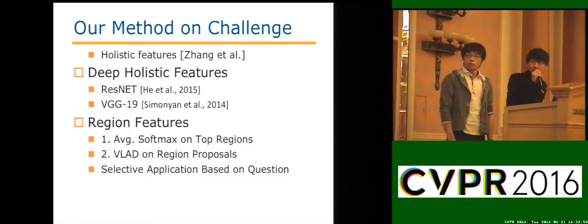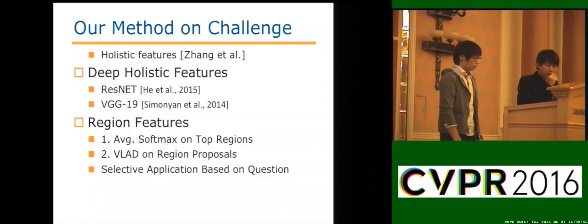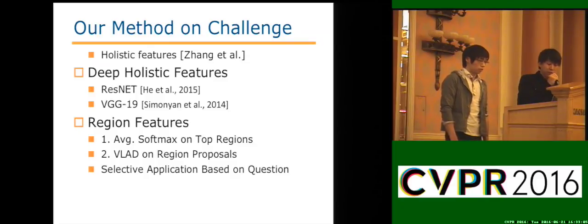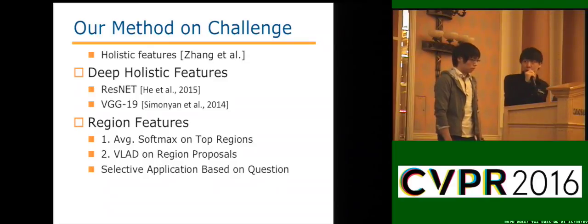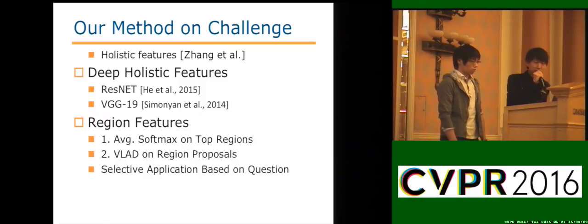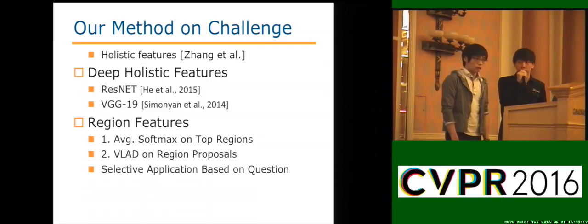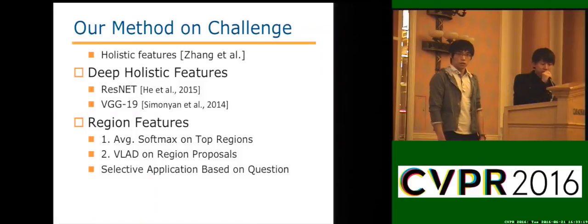So starting with the approach that won the challenge, as opposed to the attribute-based features as described in the baseline paper, we have deep holistic features of two kinds. One is the uppermost convolutional layer from ResNet with 152 layers, and the second one is the FC7 layer from VGG with 19 layers.